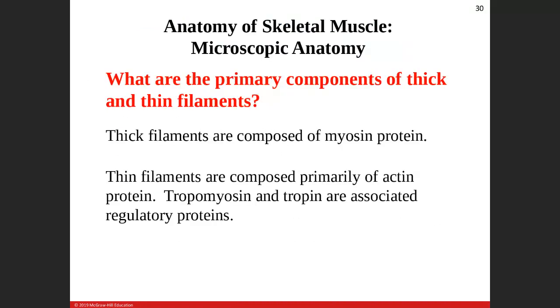What are the primary components of thick and thin filaments? Thick filaments are myosin. Thin filaments are actin, but we have the regulatory proteins tropomyosin and troponin that are directly associated with, or on top of, the actin. They're going to regulate this process.